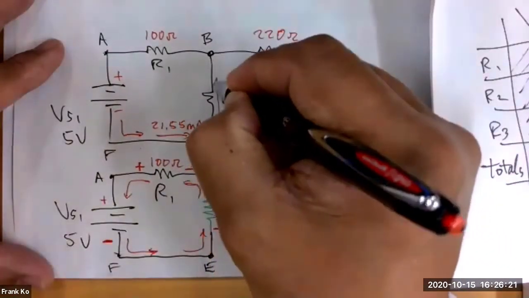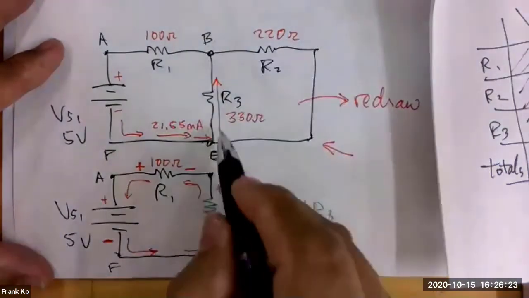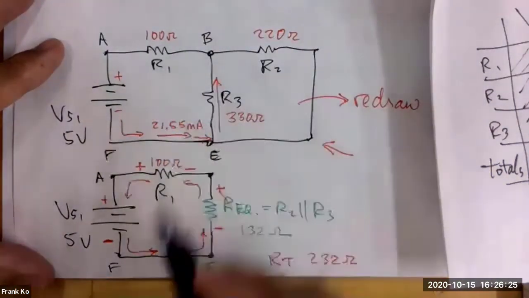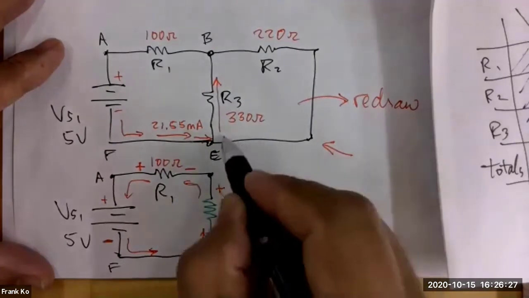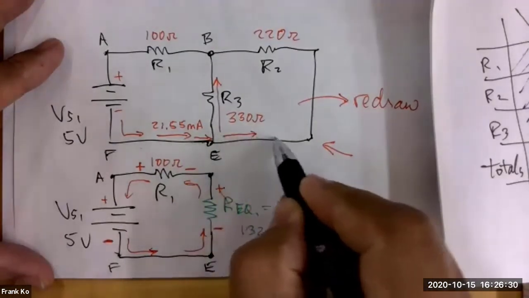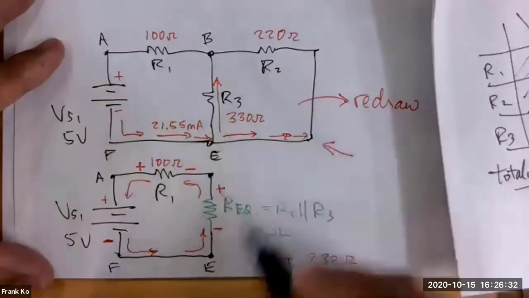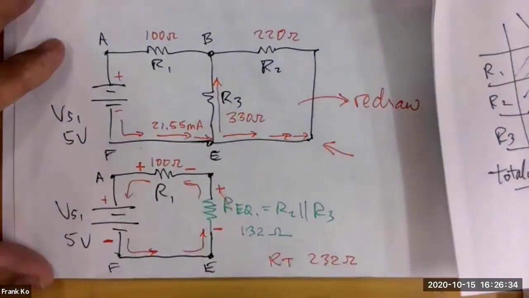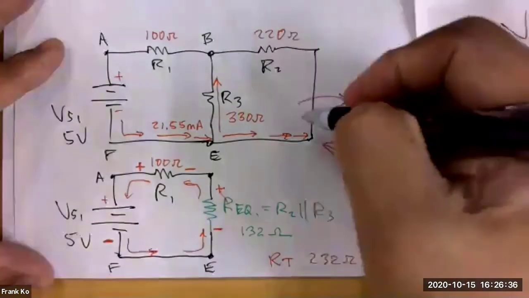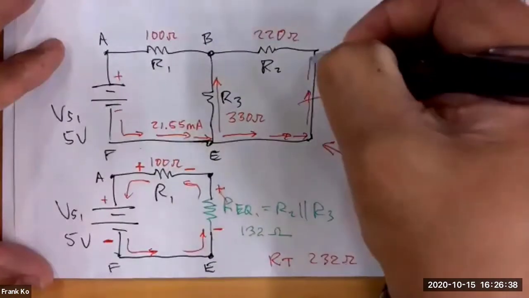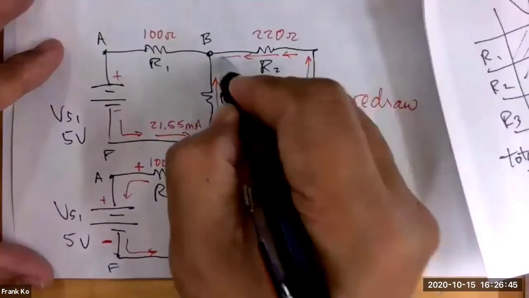You're correct. Those two words are both correct. We have a current that clearly flows up through R3, and we have a current that clearly flows to the right here. What happens when it hits this corner? It will flow up. What happens when it hits this corner? It will flow left, like so.